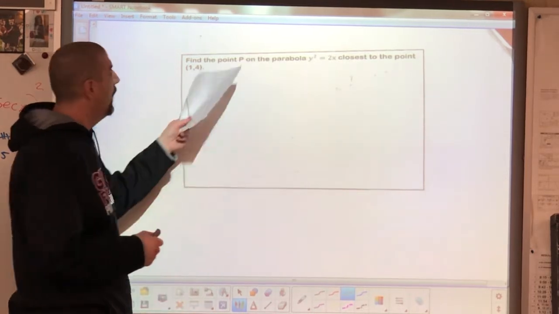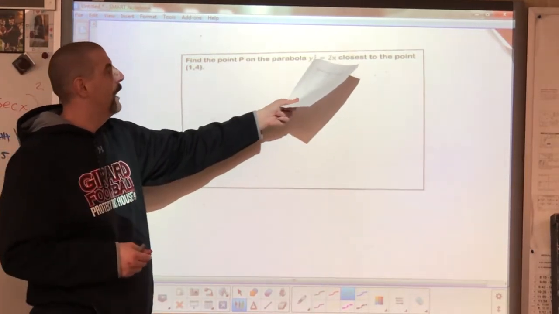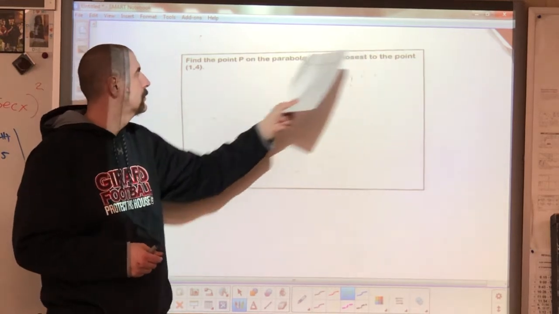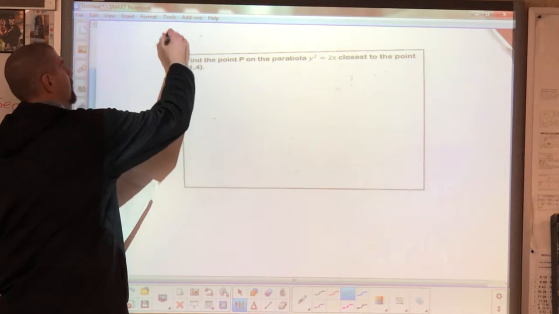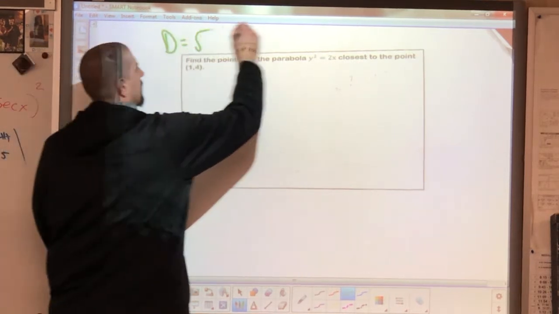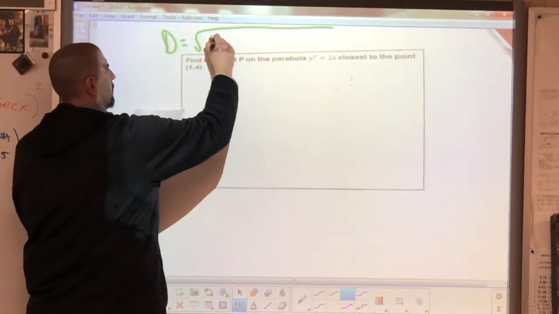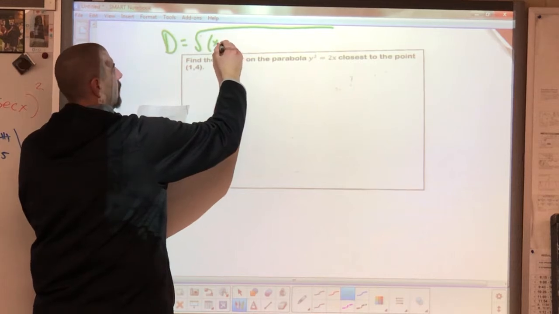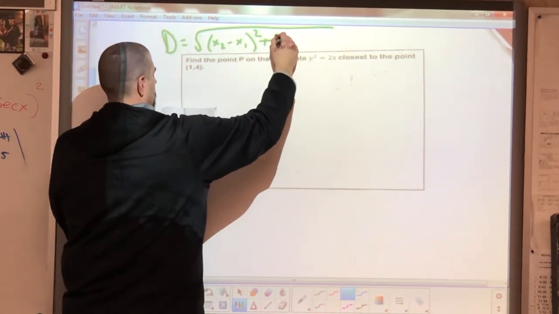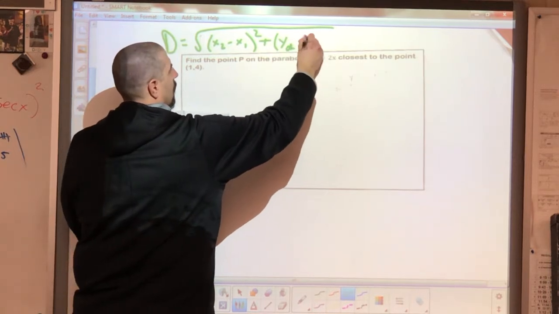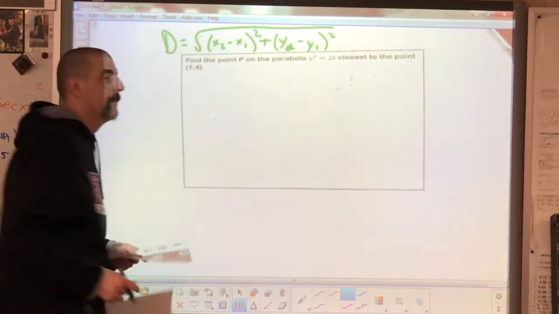So find the point P on the parabola y squared equals 2x closest to the point (1, 4). Okay, so first of all, you need to know this formula. And again, those that had me before know this is the formula for distance.